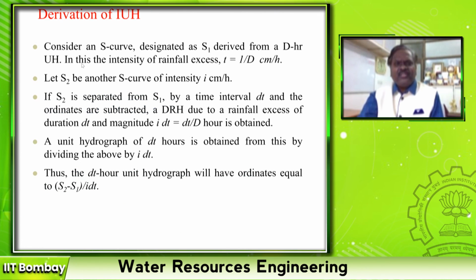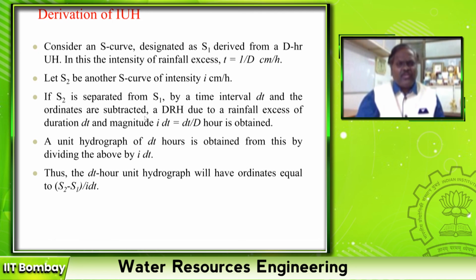Now there are several methods. This is a graphical method and others are conceptual methods. In graphical method, consider an S curve designated as S1 derived from D hour unit hydrograph. In this, the intensity of rainfall excess is 1 by D centimeter per hour. S2 is another S curve of intensity I centimeter per hour, and S2 is separated from S1 by a time interval delta T or dt, and the ordinates are subtracted.